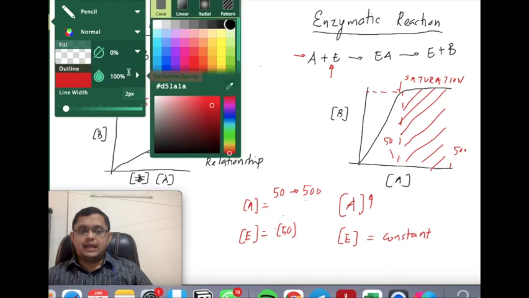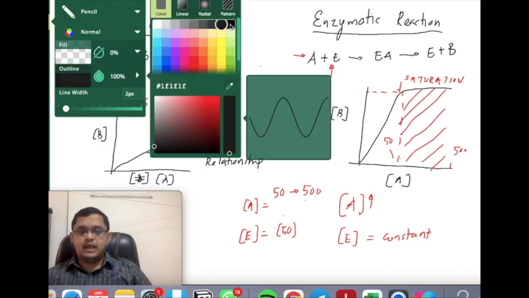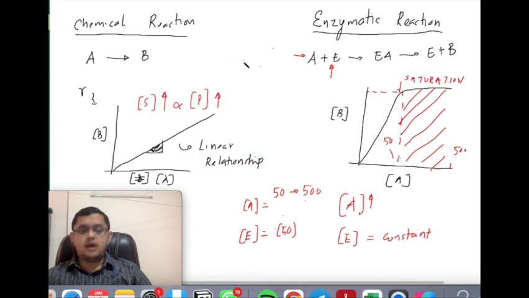So you can understand what saturation is, and now if I am calculating the order of reaction, what is the order of reaction? Order of reaction is nothing but how many variables affect the outcome of the experiment, reaction or process. In a chemical reaction or non-enzymatic reaction, you can see the order of reaction is first order.